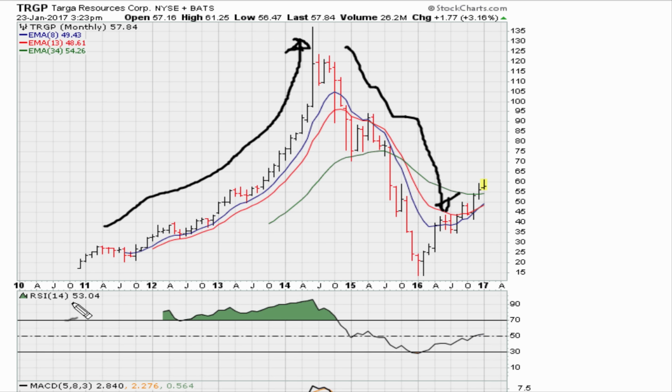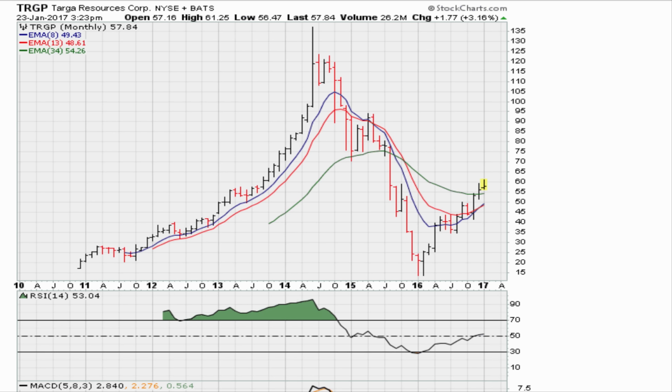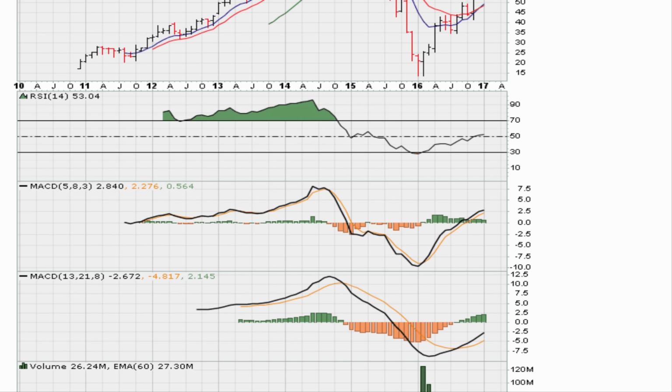Let's take a look at where it began, and we can see that there was a breakout here in late 2011. Now unfortunately, because it was an IPO, at that particular time we did not have fully developed indicators, as you can see here.